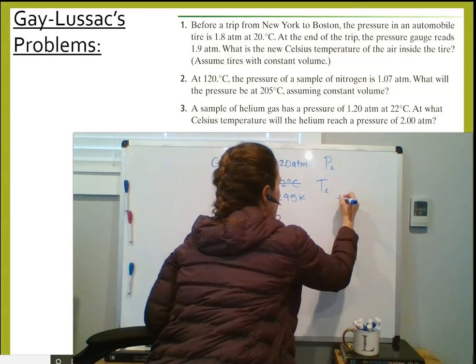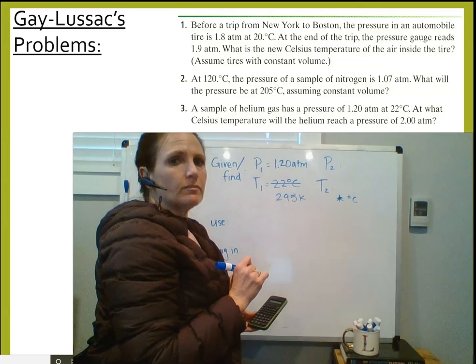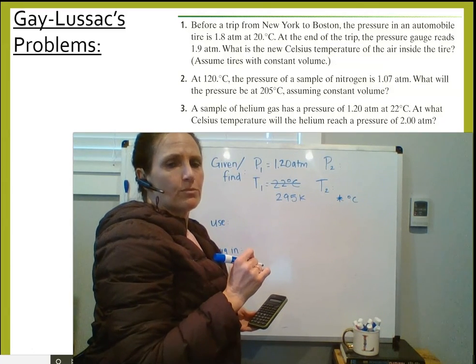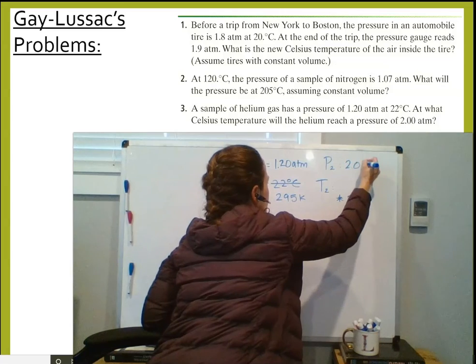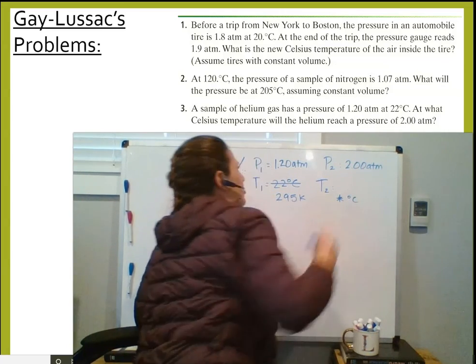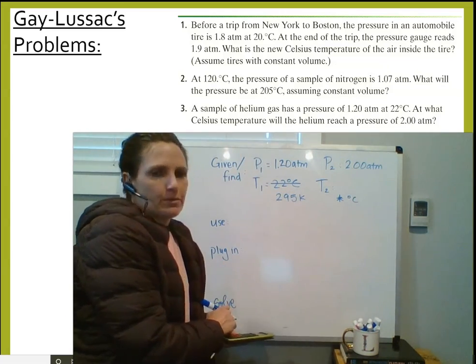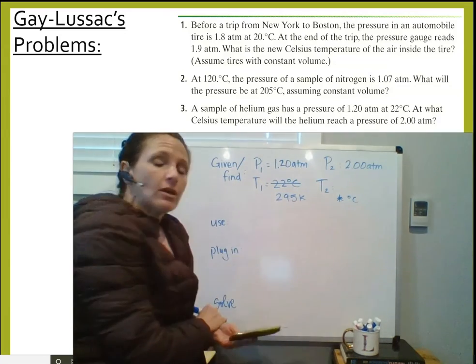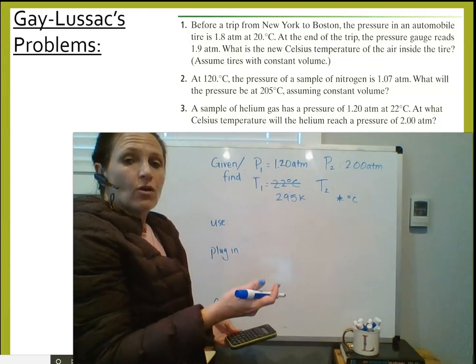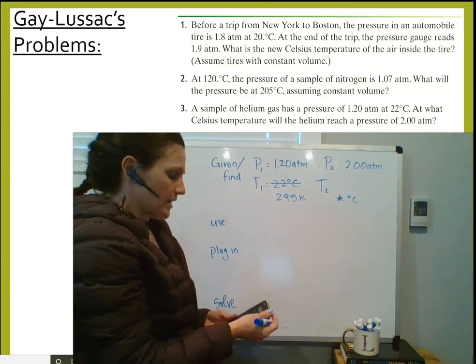And then at what Celsius temperature? So it wants us to answer in degrees Celsius. In what Celsius temperature will the helium reach a pressure of 2.00 atm? So the big thing here is to make sure that once I've solved my temperature, I remember to put it back into Celsius. And so I like to put a note to myself there so that I don't forget, because remember, it marks the whole thing wrong if you get that one part wrong.